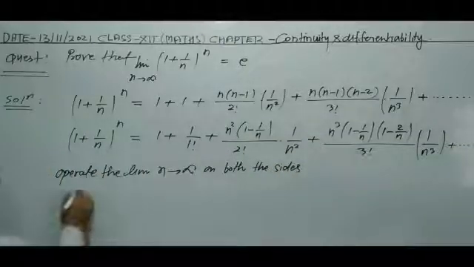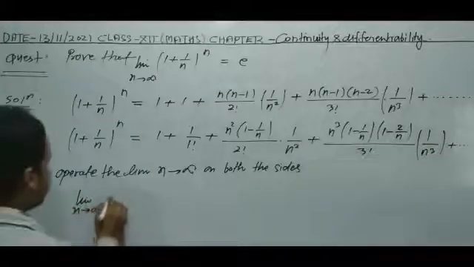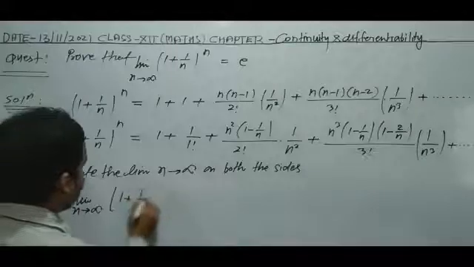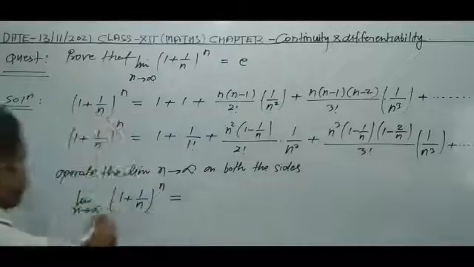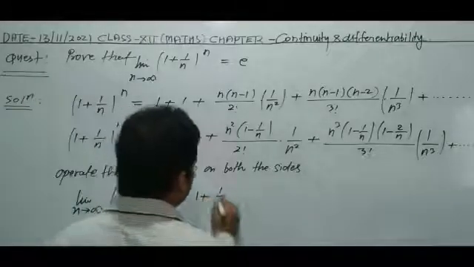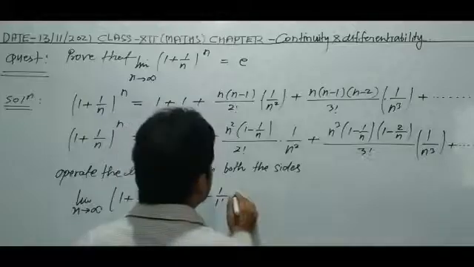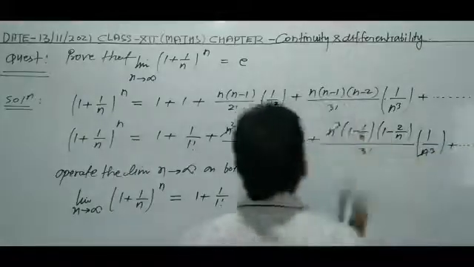So the result will be limit n tends to infinity of (1 plus 1 by n) power n. We can write 1 plus 1 upon factorial 1, and this n square is cancelled out, this n cube is cancelled out.